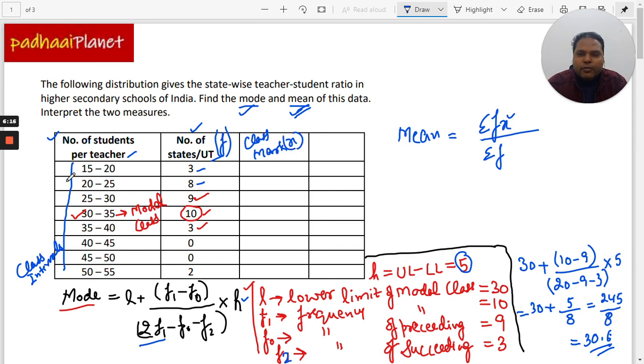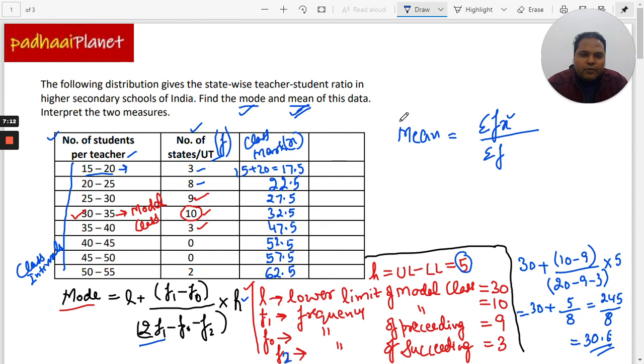Class mark is the sum of the two limits of the interval divided by 2, so 15 plus 20 is 35, divided by 2 makes 17.5. Similarly 45 divided by 2 is 22.5, then 55 divided by 2 is 27.5, then 32.5, 37.5, 42.5, 47.5, 52.5, 57.5, and 62.5.